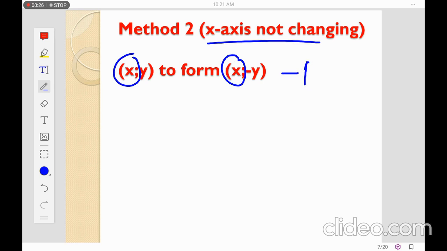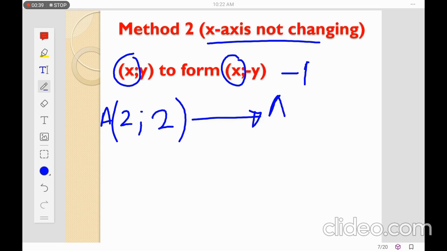Okay, so let's do that. Our A was 2, 2. If x is not changing, our A image is now 2, then our y is now minus 2.